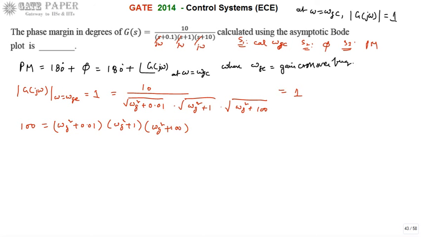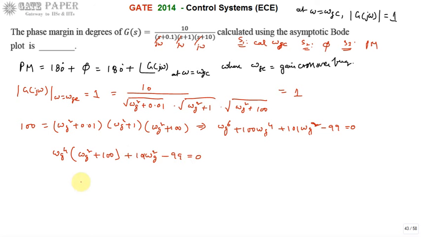After taking square on both sides and simplifying, multiplying each and every term on the right hand side, you will finally get omega g to the power of 6 plus 100 omega g to the power of 4 plus 101 omega g square minus 99 is equal to 0.